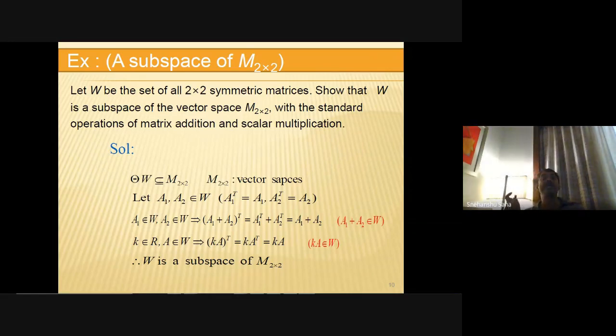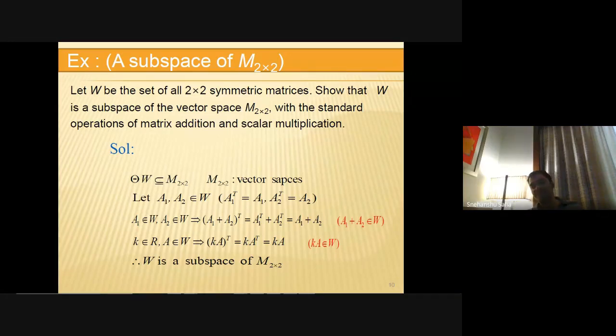And you know that each one of them will be real and symmetric, which means A1 transpose is A1, A2 transpose is A2. Now, what are the properties of subspaces? You have to show two properties: closure with respect to addition and closure with respect to scalar multiplication, right? So you take A1 and A2, both from the vector space W, and you first look at (A1 plus A2) transpose.